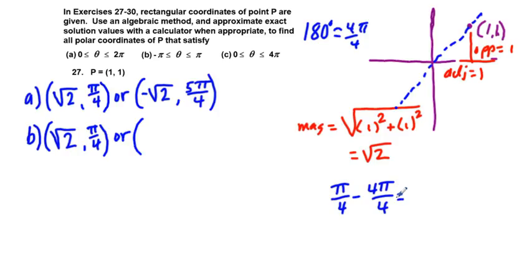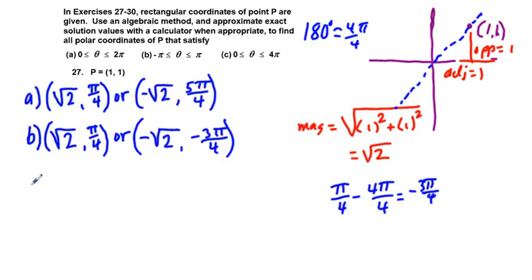So we're going to get negative 3 pi over 4. And so we're going to have again a negative square root of 2, but this time, comma, negative 3 pi over 4. And this negative 3 pi over 4 is going to occur between negative pi and 0.